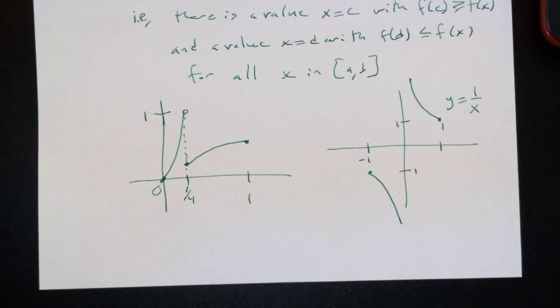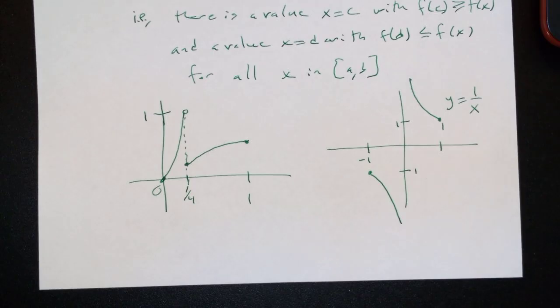And as you get closer and closer to 0 from the right, you go up forever. Does this function have a maximum or a minimum value between -1 and 1? It's got neither. That's why I need continuity. If I break the function anywhere, then I no longer can guarantee that I will actually hit the points I need. Only when my function is continuous am I guaranteed to get an actual maximum and an actual minimum.